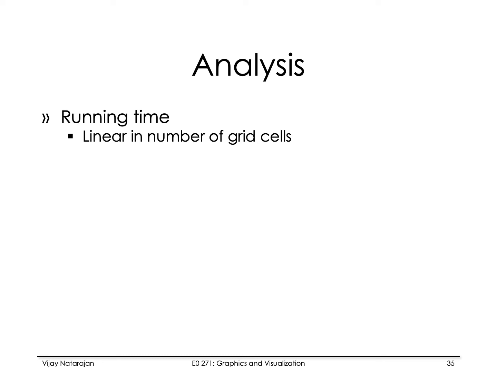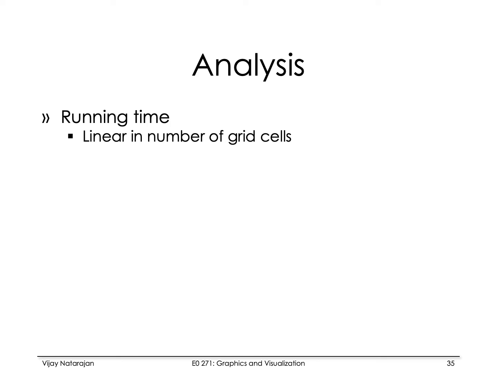But we have to be careful here. So this runtime is linear in the number of grid cells. However, what we need to note is that the isocontour or the isosurface in 3D need not pass through all grid cells.